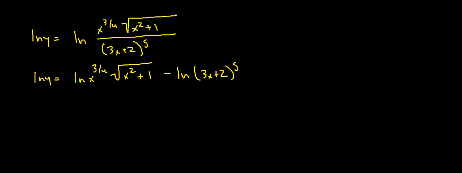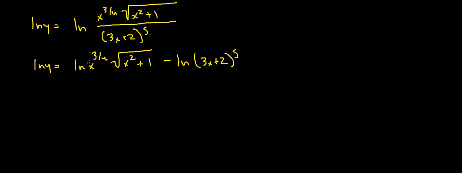So that's one part. Now here I can use another set of logarithmic rules to break this apart, because when I have 2 items being multiplied together, what I can do is separate them out into the addition of logarithms.